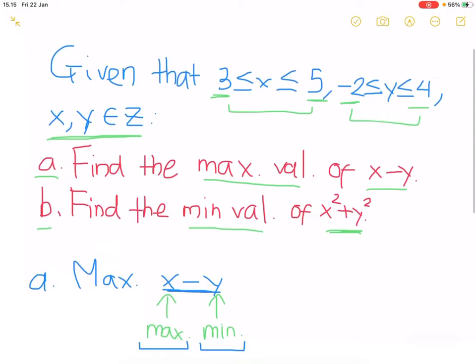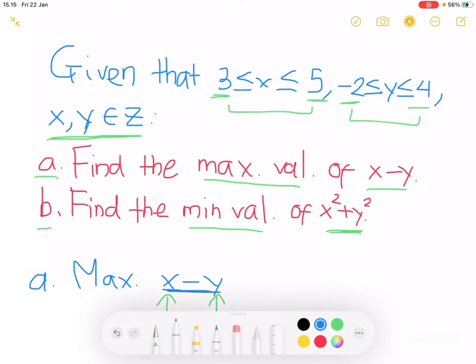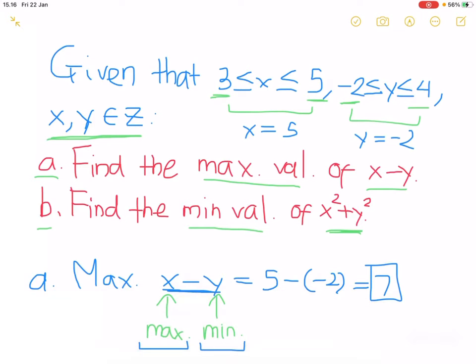So in this case, we're going to pick x is equal to 5 and y is equal to -2. So what we're left with is 5 minus -2, which is just +7, and this is the maximum value.